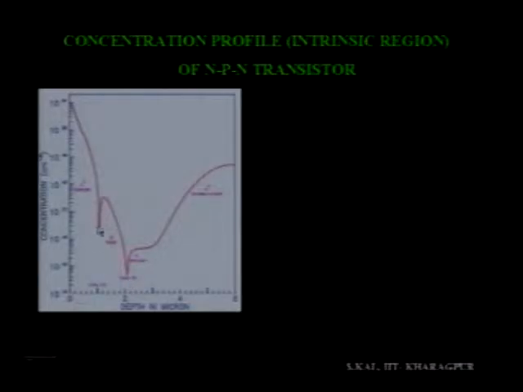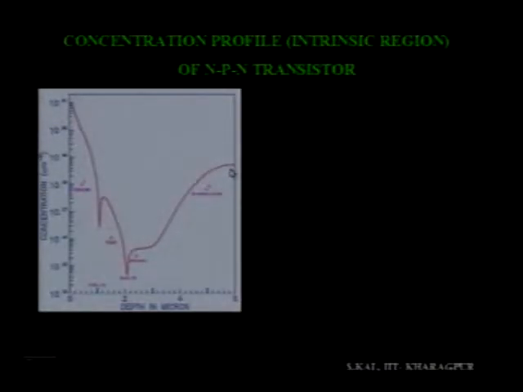This is the emitter base junction, this is the base collector junction, and after the base collector junction the dopants are again N type, phosphorus doped, and this particular region is epitaxy. If you go deeper into the substrate, you can see the doping level of N is increasing.